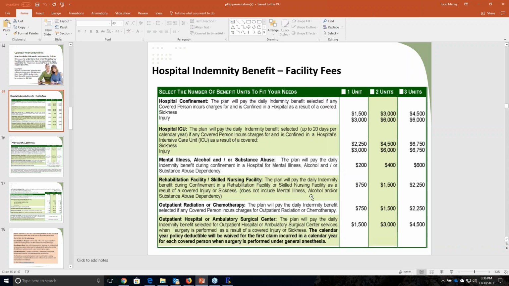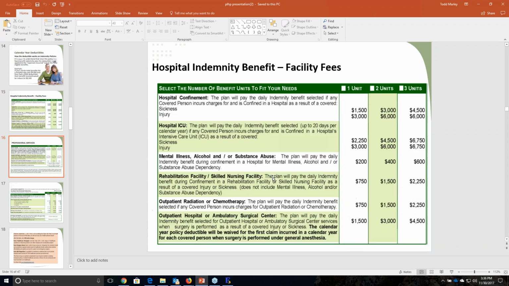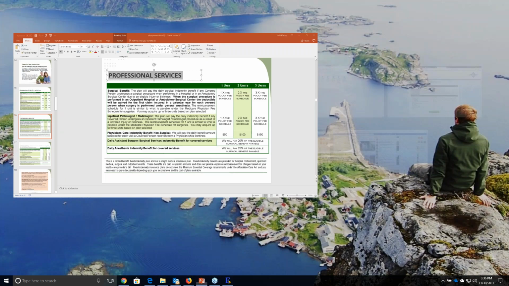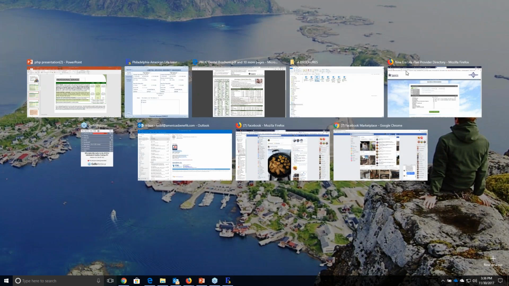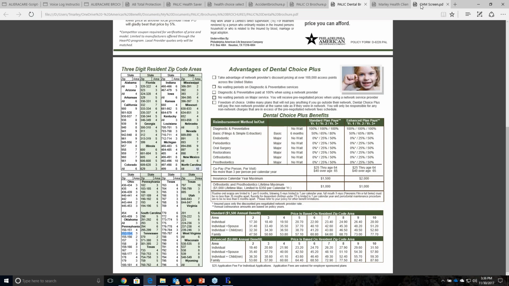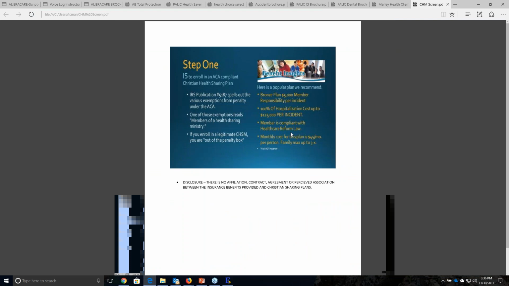Right? So after I go through it, I'll say, okay, let's recap. This is your hospital, surgical, and then I show the Christian sharing screen, catastrophic. Right? So I make sure that they get that part.